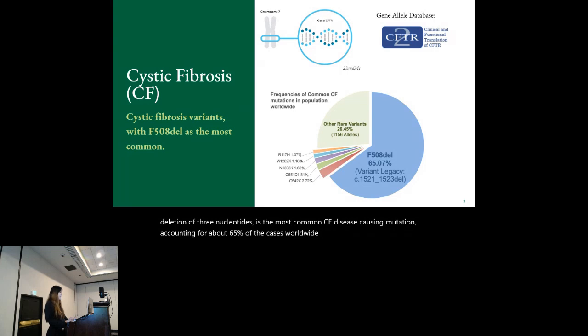Therefore, genotyping the CFTR gene is very important for confirming the CF diagnosis and determining the best therapeutic approaches. However, a major challenge remains. There is no standardized method for accurately genotyping the CFTR gene, especially on sequencing data.